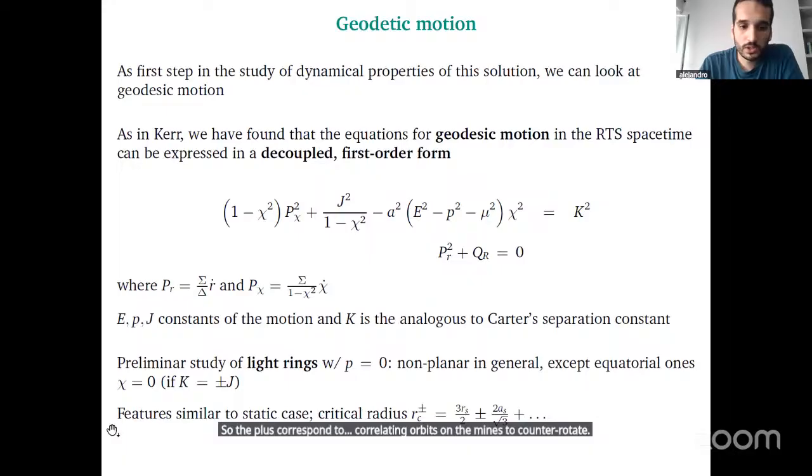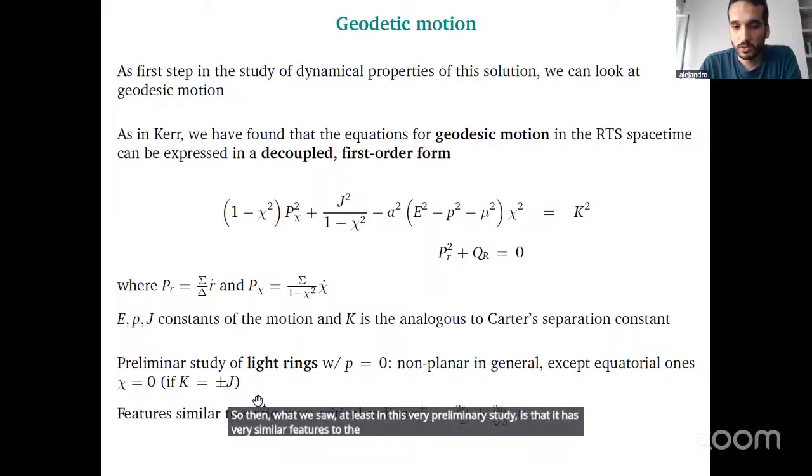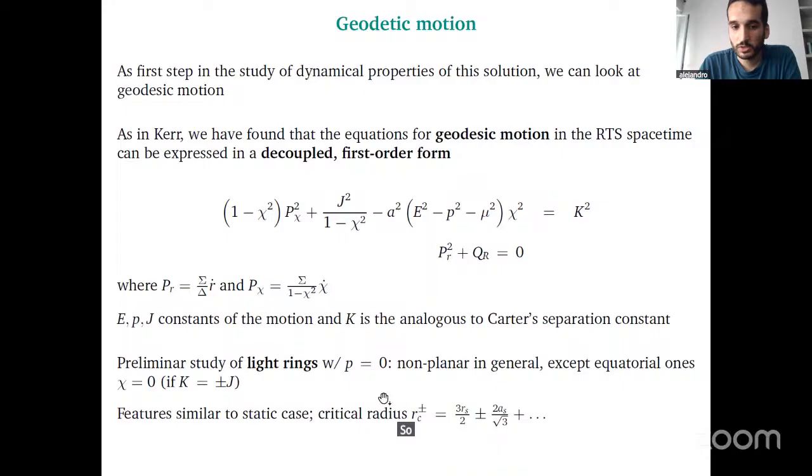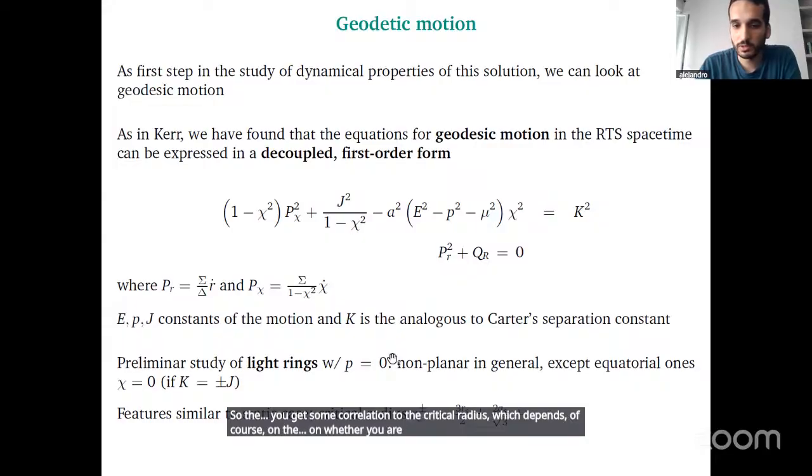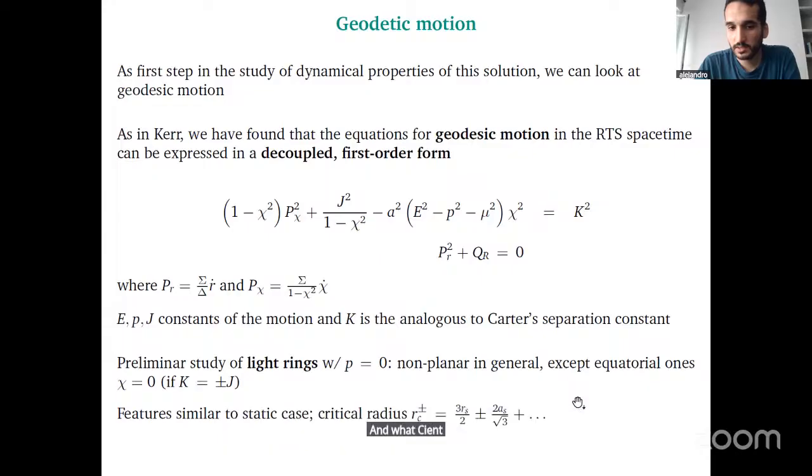What we saw, at least in this very preliminary study, is that it has very similar features to the static case. So you get some correction to the critical radius, which depends, of course, on whether you are co-rotating or counter-rotating. And here the dots are just because this is valid at next to leading order in the rotation parameter.